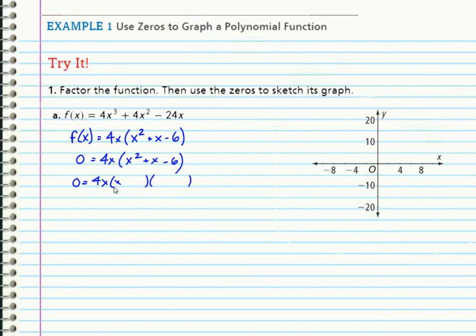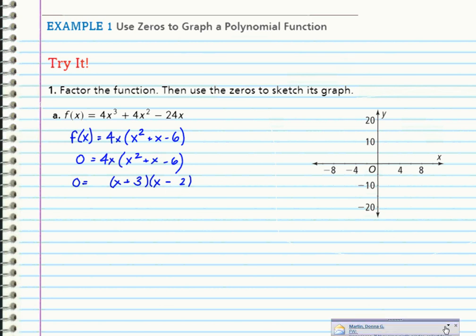I think it's going to be x and x, and I need two numbers that are 1 apart, multiply to get 6. So I'm going to use 3 and 2, and it'll be positive 3 and negative 2. Now, we used to not have this term out front, and we would say that the answer would be negative 3 or positive 2, because x plus 3 has to equal 0, or x minus 2 has to equal 0.